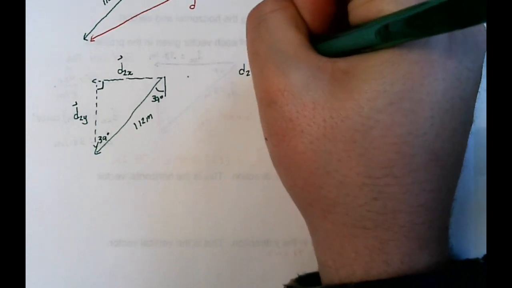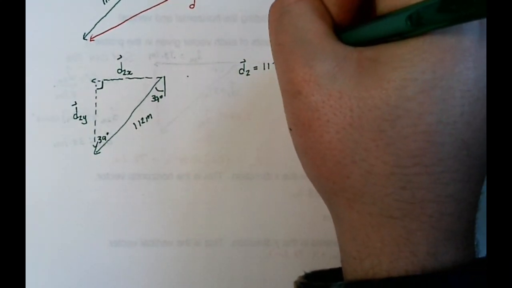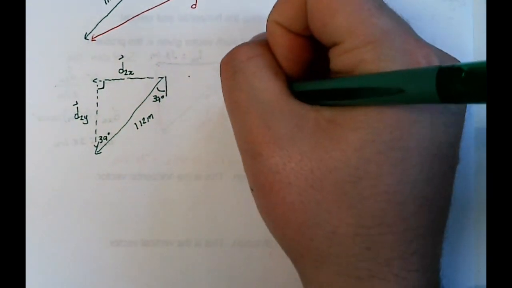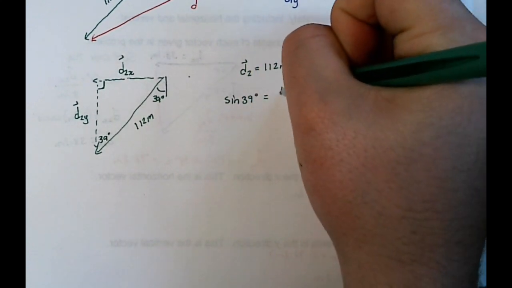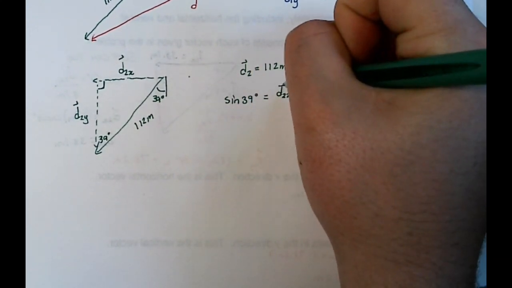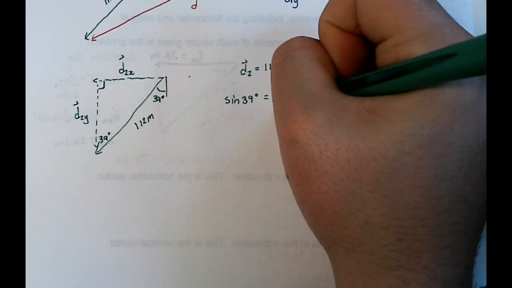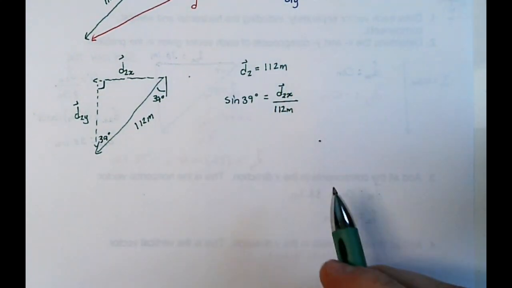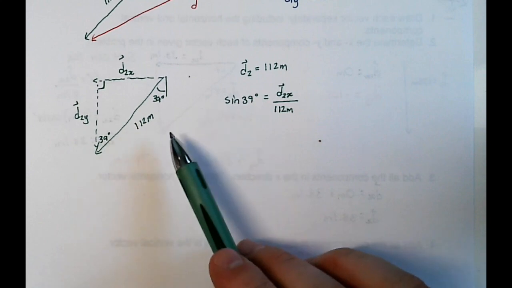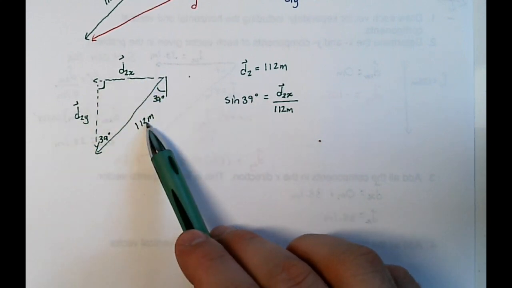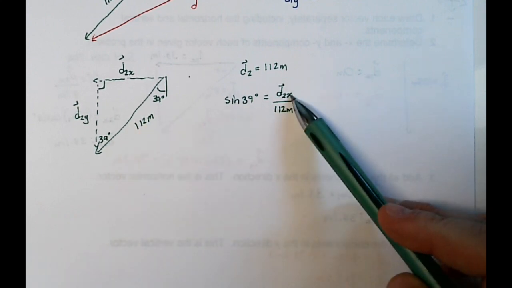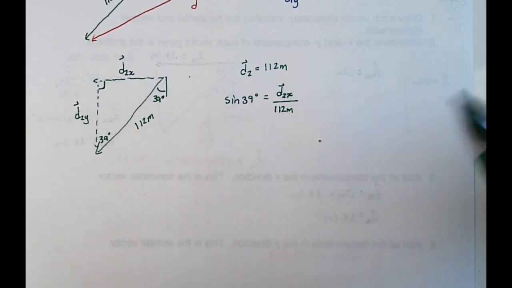On this one, our total displacement is 112 meters. To find our x component, we're going to use the sine of 39 degrees is equal to the displacement in the x direction divided by 112 meters. I use sine because if we're using the 39 degrees, it's the opposite over the hypotenuse.